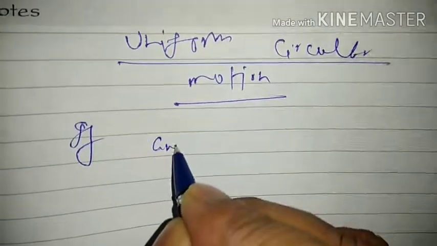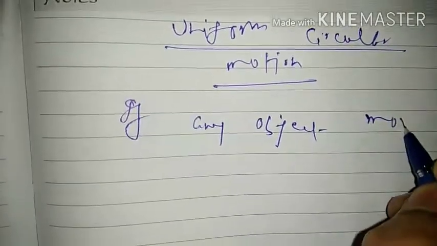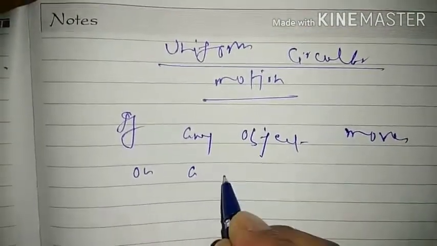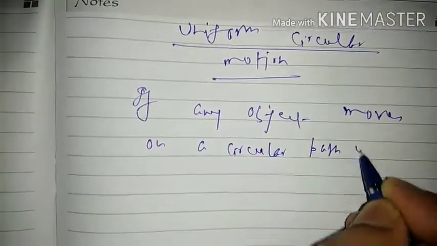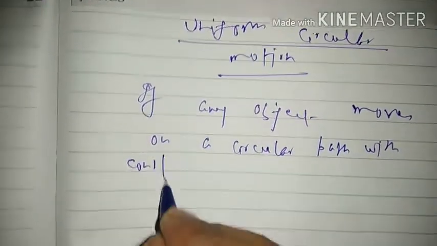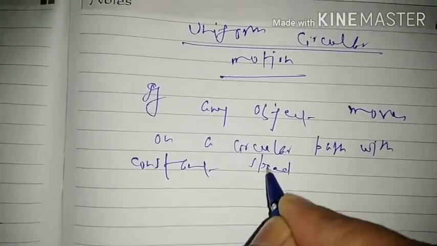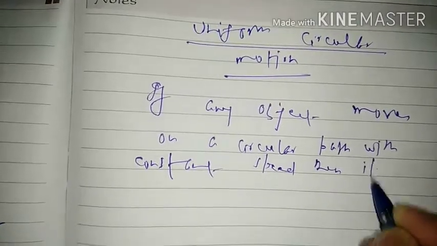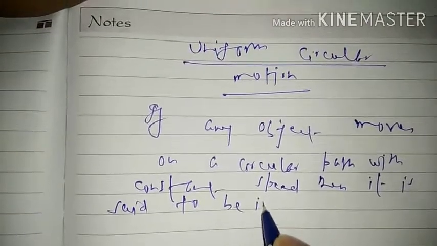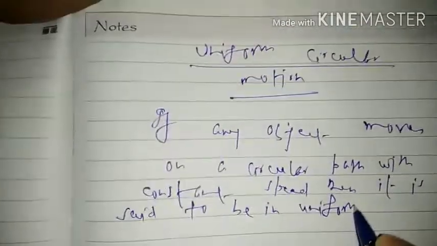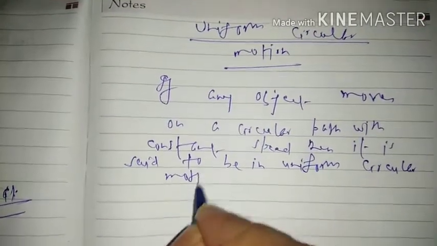If any object moves on a circular path with constant speed, then it is said to be in uniform circular motion.